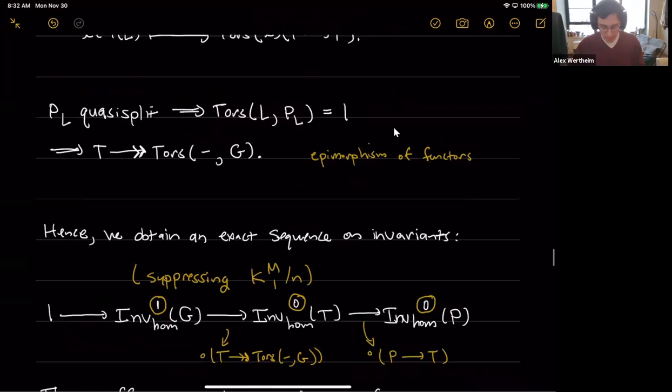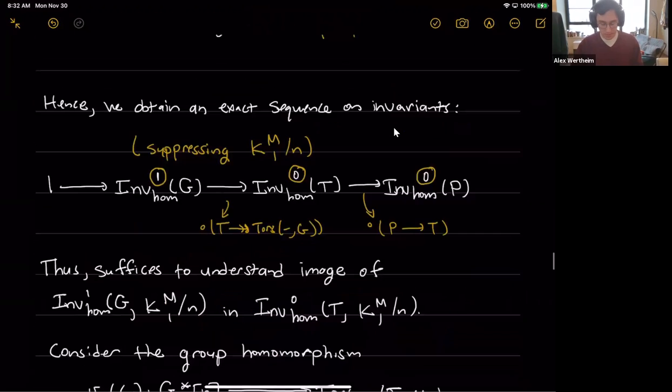And in fact, to be precise, we obtain the following exact sequence on invariants, which at each stage is just given by composition of functors. So we have a map from type 1 invariants of G to type 0 invariants of T, which is just given by composing with the epimorphism from T to Tors(-, G).